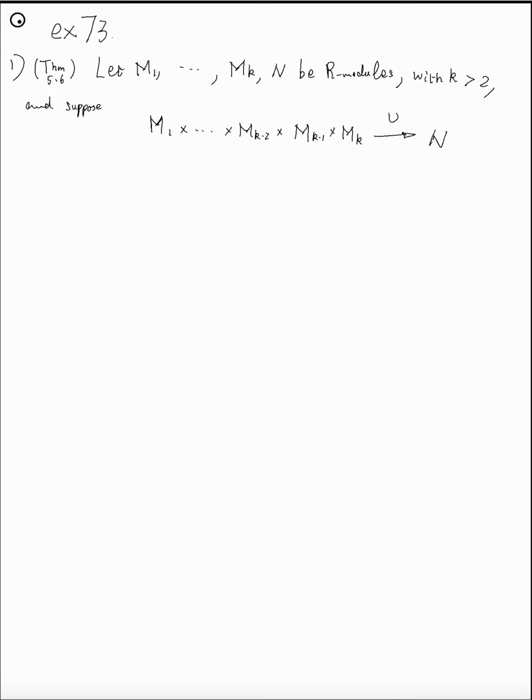The condition is that we require it to be bilinear in the positions Mk-1 and Mk when the other coordinates are fixed.